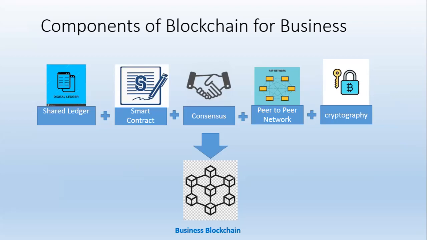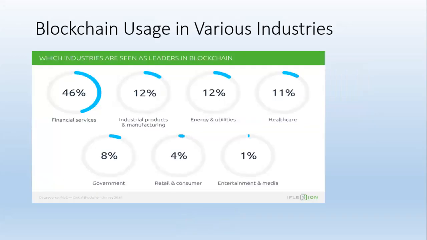Smart contract is where the business rules, regulations and policies, everything is explained. Consensus, agreement between various parties, peer-to-peer network, and cryptography. So these are the components of a blockchain, which will help a business enterprise to go for a blockchain solution. Let me move on to the next slide.